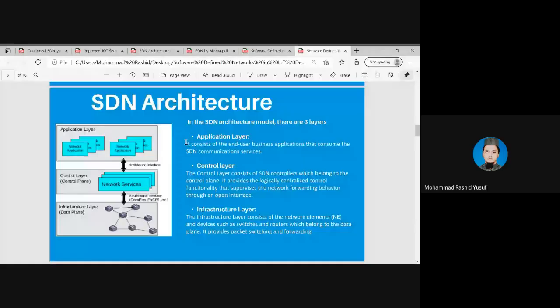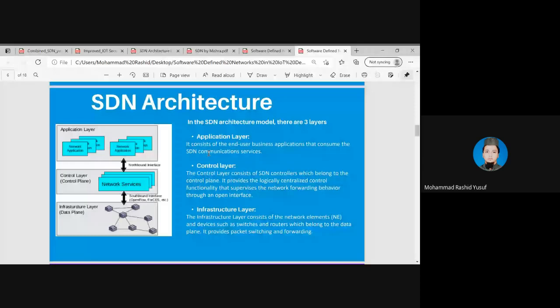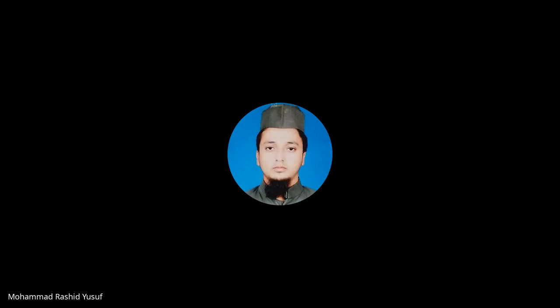The application layer consists of end user business applications that consume the SDN communication services. In this layer, everything is end user business application oriented, and every user can provide services here.